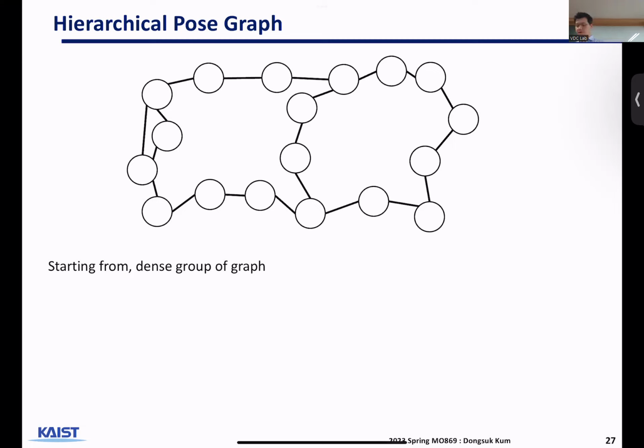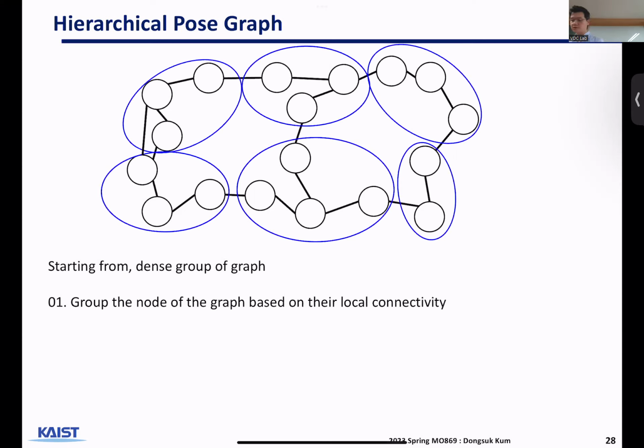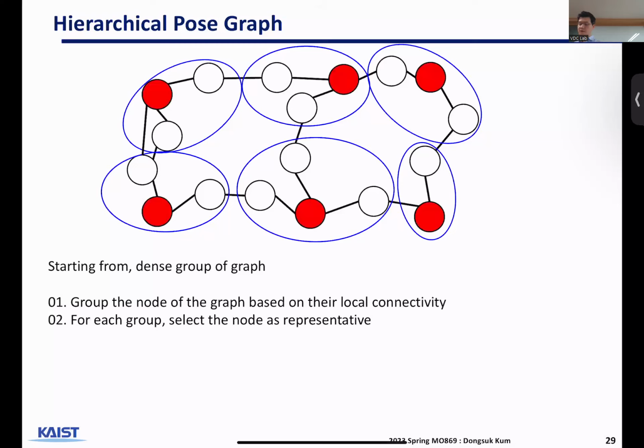So let's say we have a dense graph. The first thing you need to do is group the nodes of the graph based on their local connectivity, and it'll be a good idea to use nodes with multiple branches, multiple edges, meaning that they sort of mean intersection areas where you have relationships with more nodes.